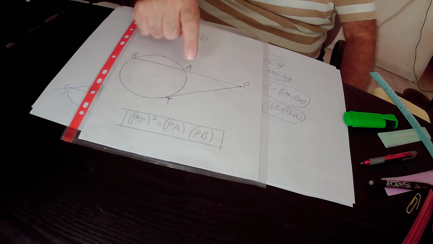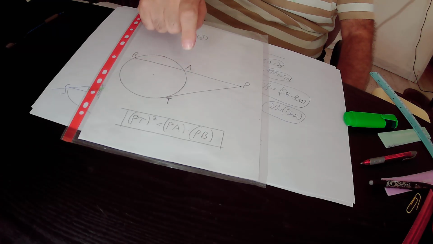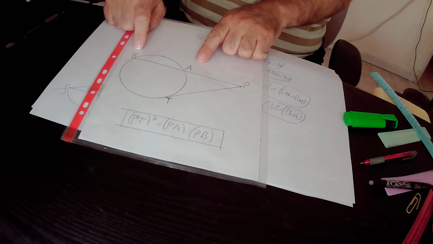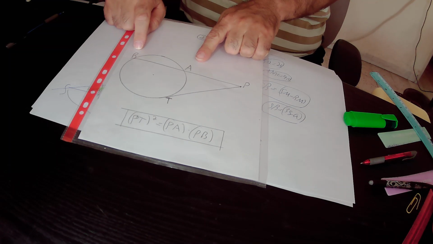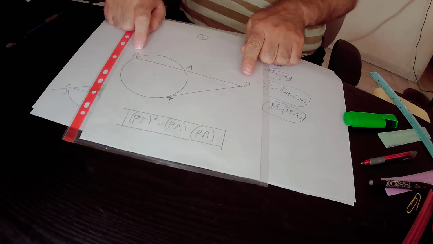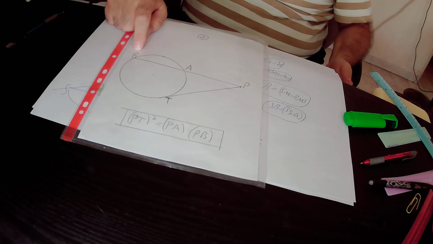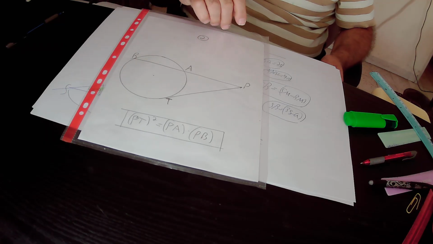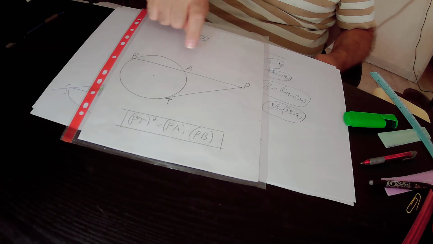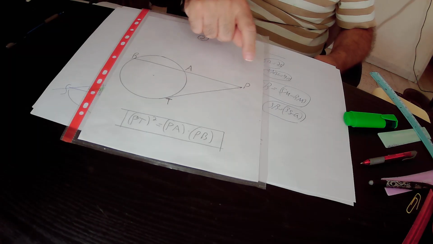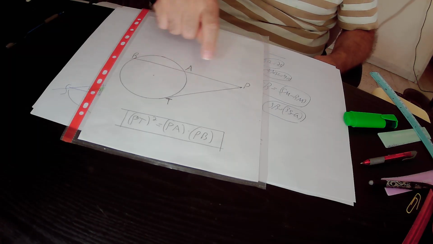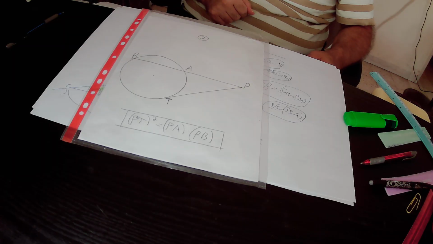This is tangent PT, tangent to the circle at point T. Likewise, we have chord BA. The extended chord BA touches point P. So in this drawing, the following equation is true: PT squared equals PA times PB.